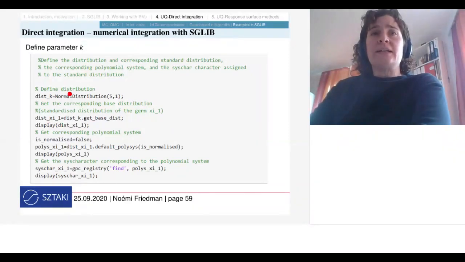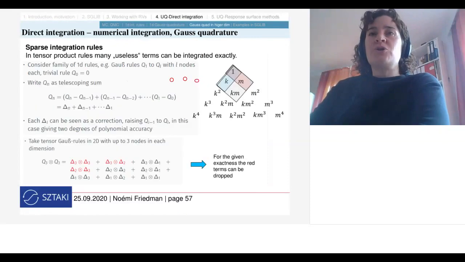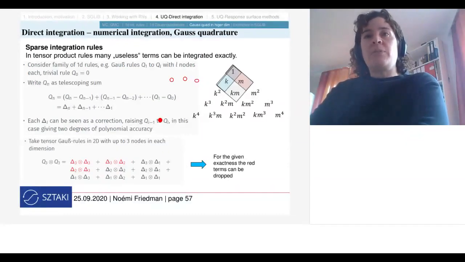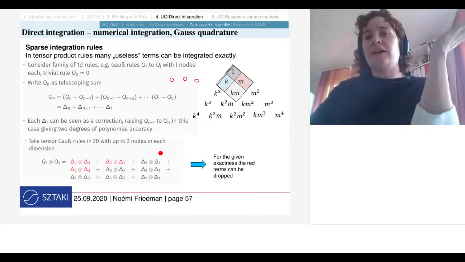And then what I need is that if this is the distribution of my k parameter, then this is not a standard distribution. Okay, so the integration rules were usually applied in software such that they are integrating over a certain standard domain.